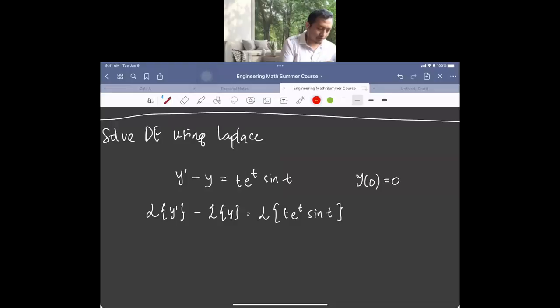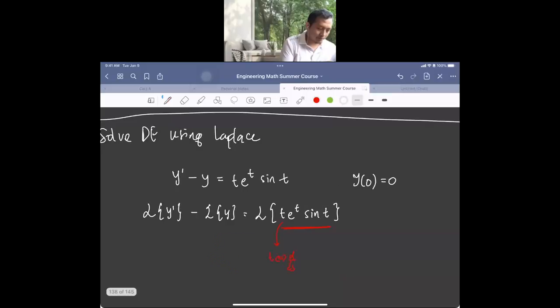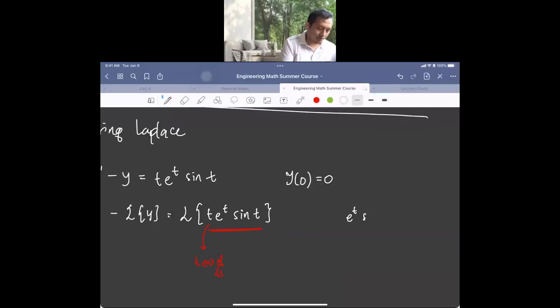Now we start with this. I will handle the t later with our derivative d/ds. So I will just focus on what is e to the power of t sin t.